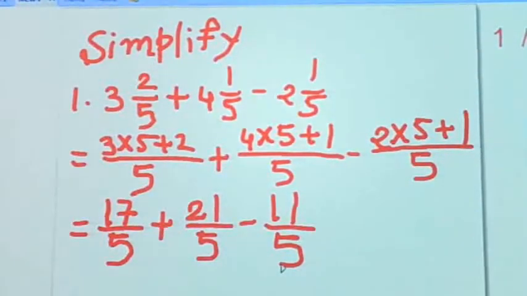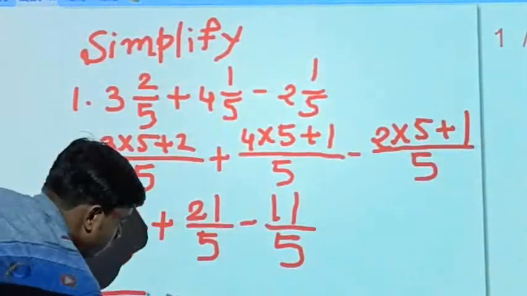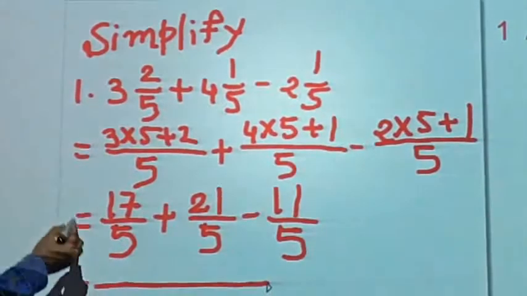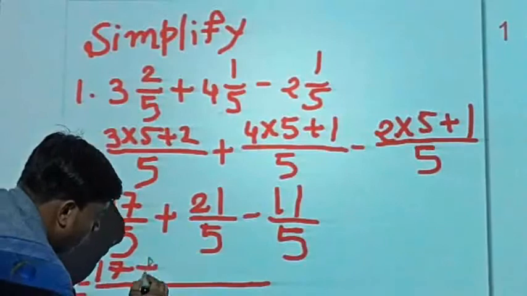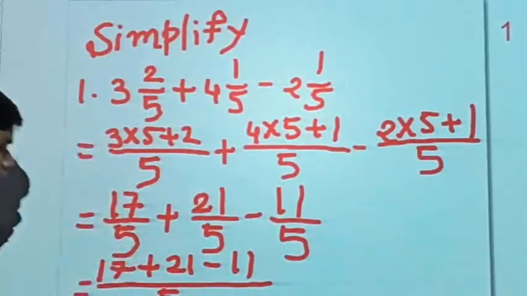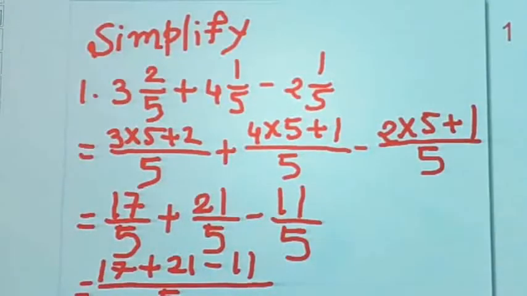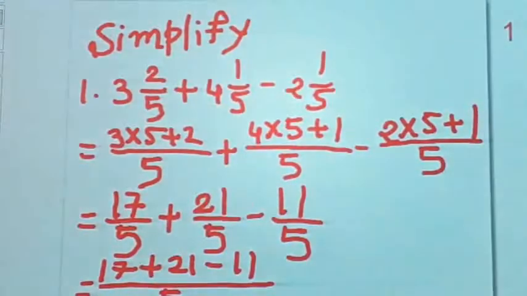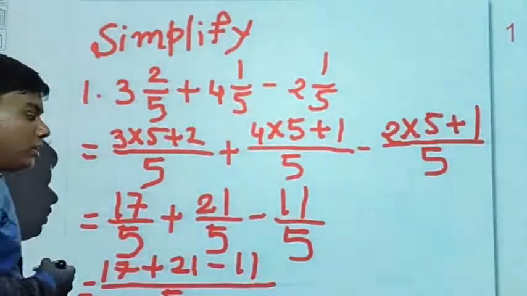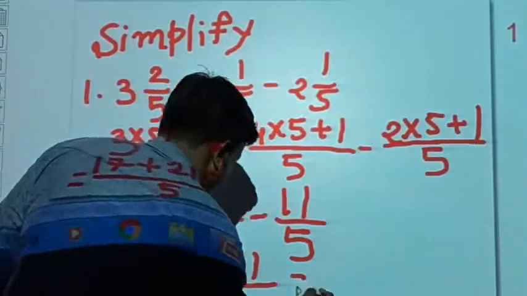So these are like fractions, so we just solve the numerators. 17 plus 21 is equal to 38, 38 minus 11 is equal to 27.